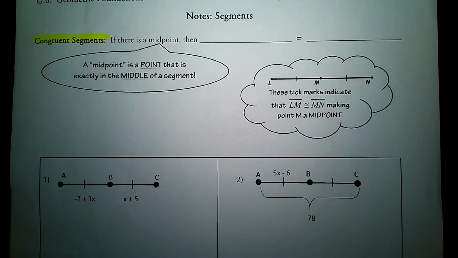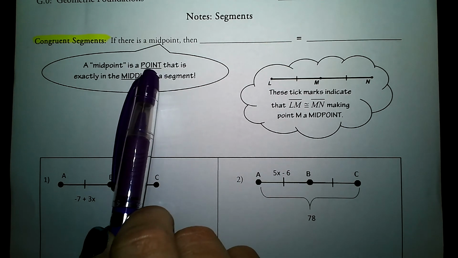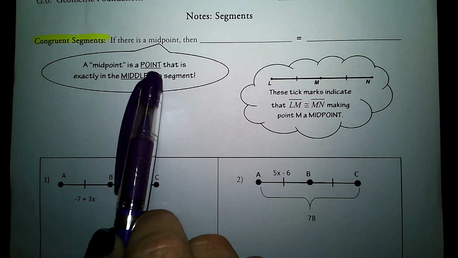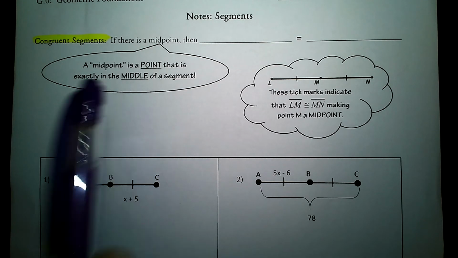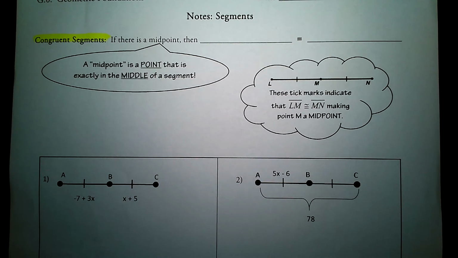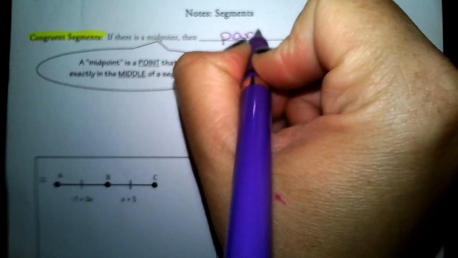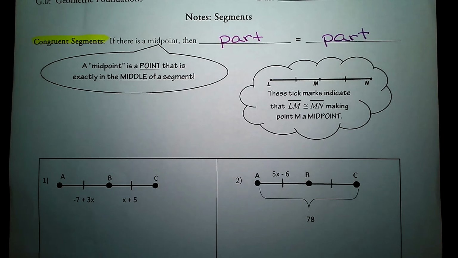In order to have the same length, they must have a point that's right smack dab in the middle. We call that a midpoint. A midpoint is a point that is exactly in the middle of a segment. So if your picture has a midpoint, then the two parts are now equal to each other because we have congruent segments.